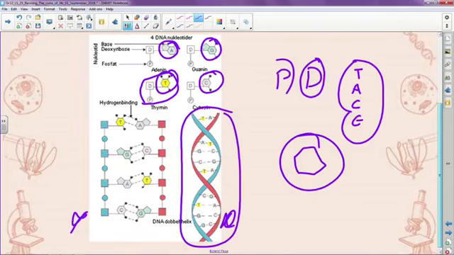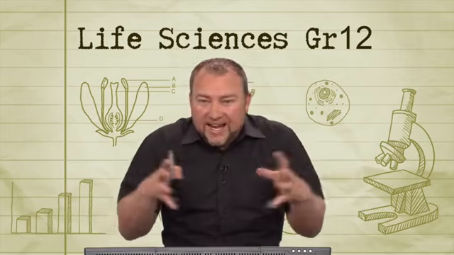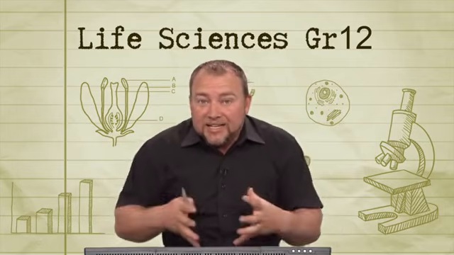When I get to a purine, it's got this shape. It's got one ring, and then it's got a second part which comes out like that. See, it's a double. A purine is big, and a pyrimidine is very small.